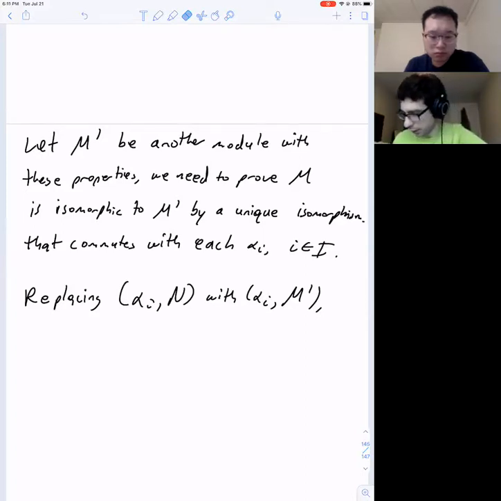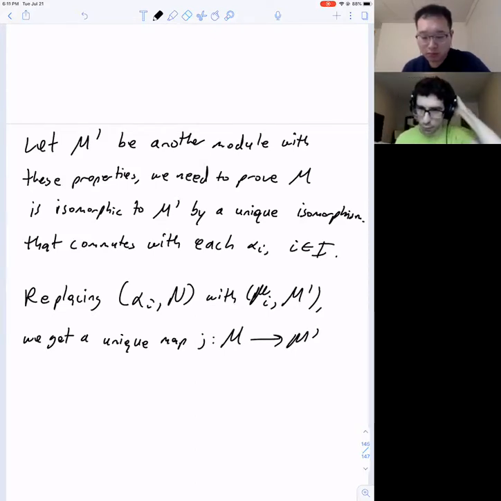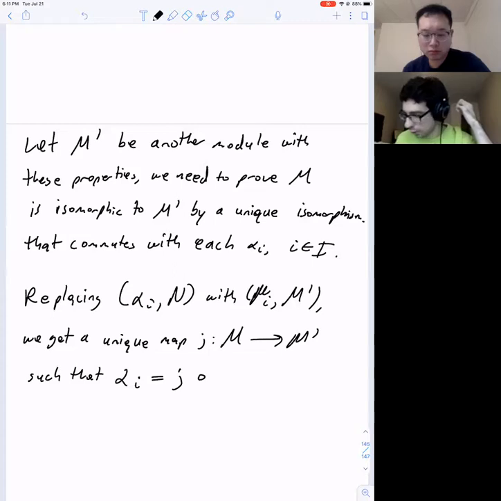I'll say mu_i, because that's what we started with. We get a unique map J going from M to M prime, such that alpha_i is J of mu_i.